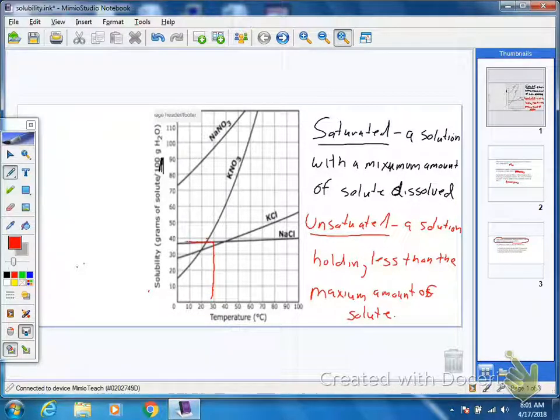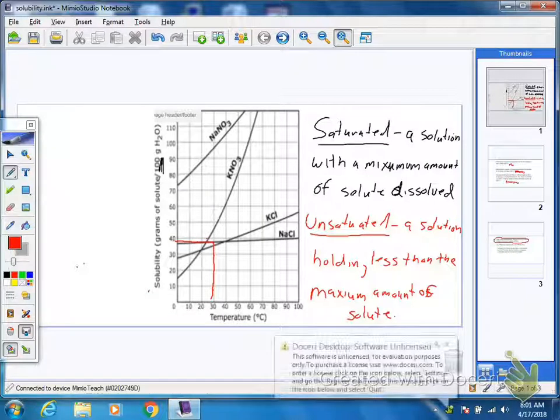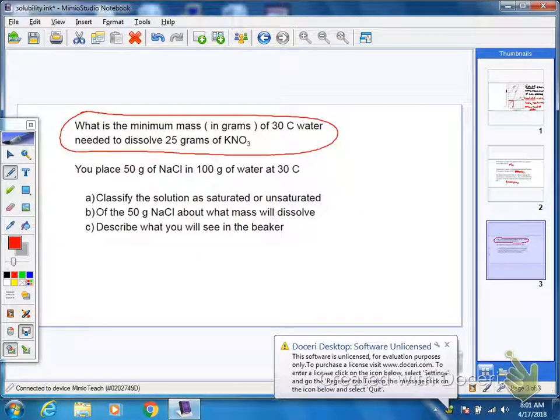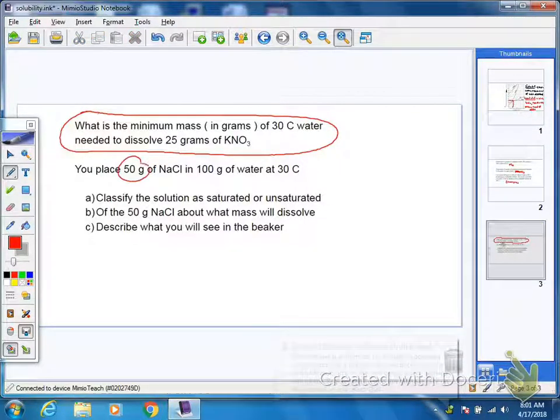Intersect there. There it looks like for NaCl, 30 degrees Celsius, it's 38. So we've got 50 and 38 would be saturated. So it's oversaturated.